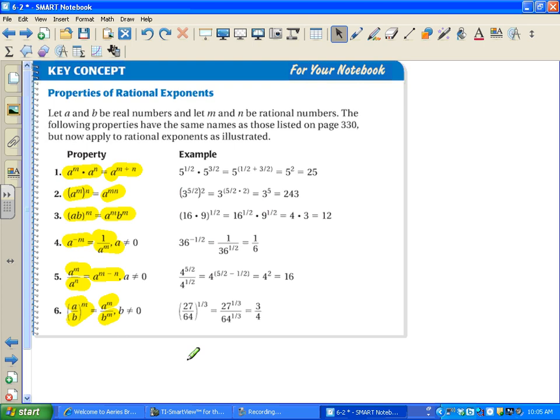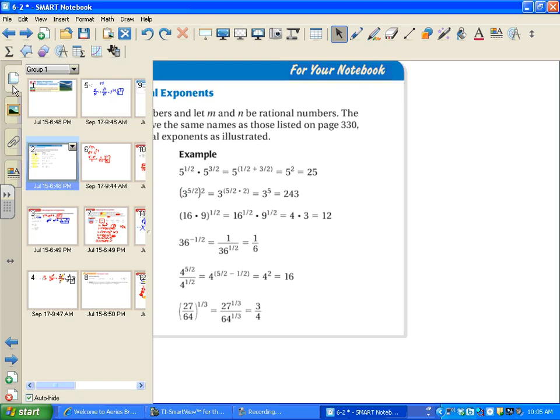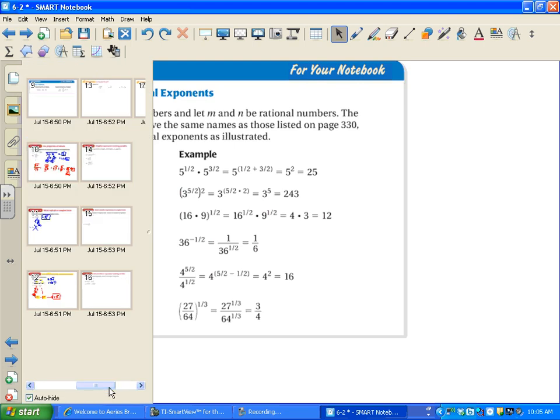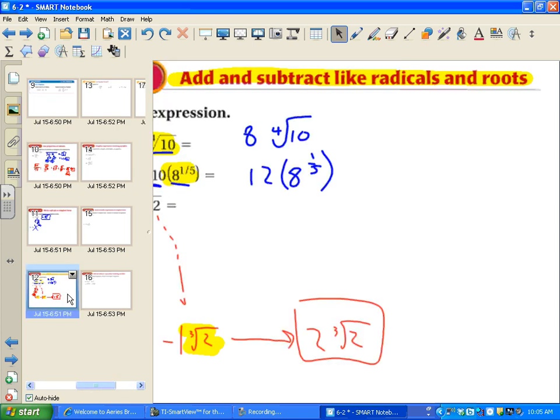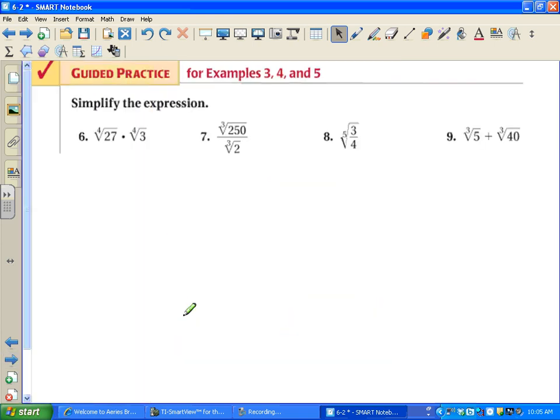Number 2 would be its own. Number 3, number 4, number 5, number 6. So you understand what the rules do. That is what I would memorize to make sure you're getting things in the right place and doing the right thing at the right time. Because honestly, that's the hardest part. Doing the right thing at the right time. That'll be you guys to work on.